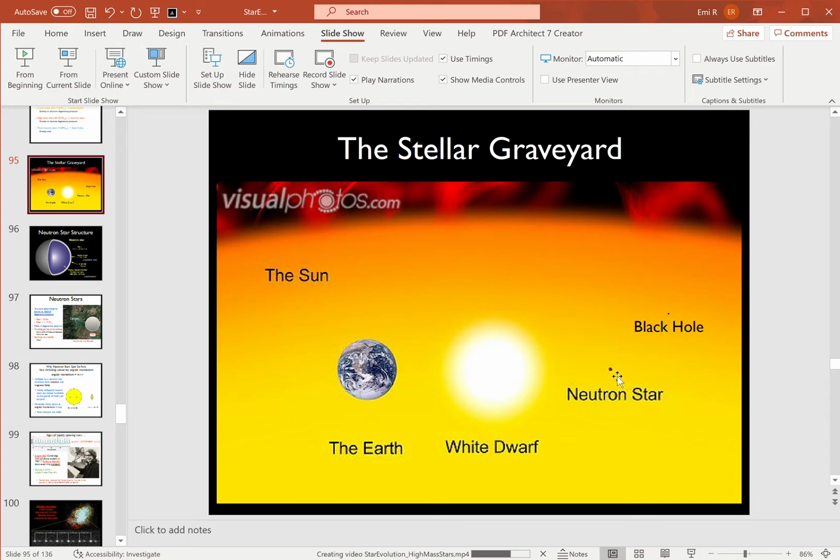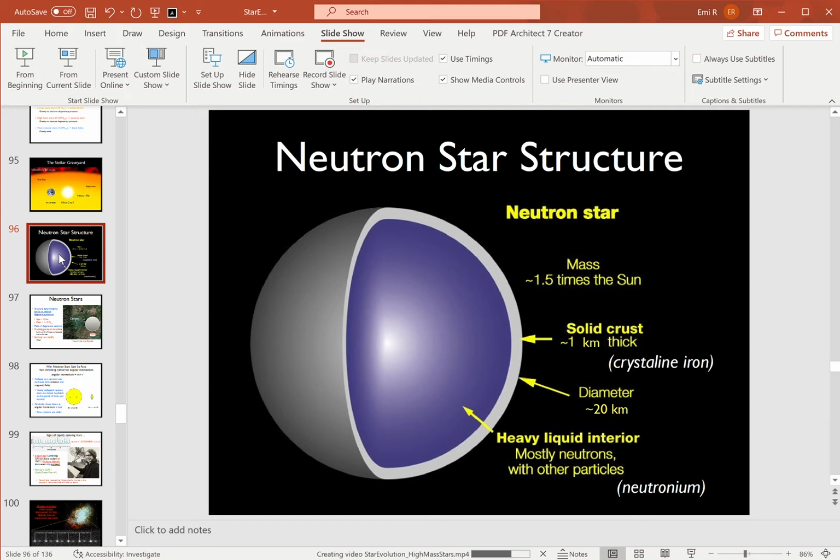So let's learn more about neutron stars. They are remnant objects from high-mass stars. Inside of them, they most likely have a liquid interior, mostly made of neutrons, just because the pressure is so intense that inside the star you kind of have a soup of neutrons.